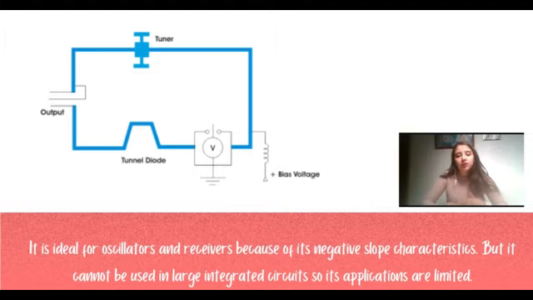Tunnel diodes can make a very stable oscillator circuit when coupled to a tunnel circuit or cavity biased at the center point of the negative resistance region. Here is an example of a tunnel diode oscillator circuit.